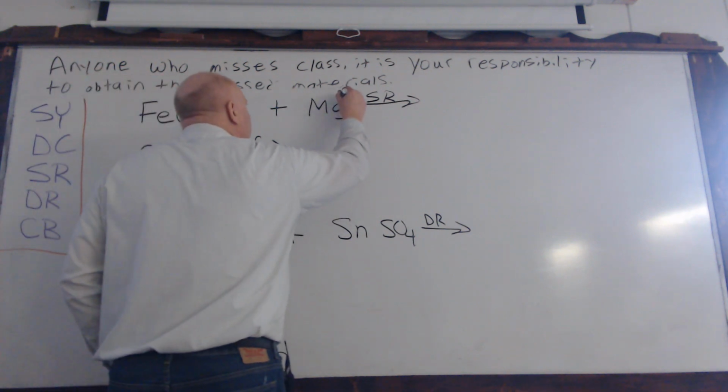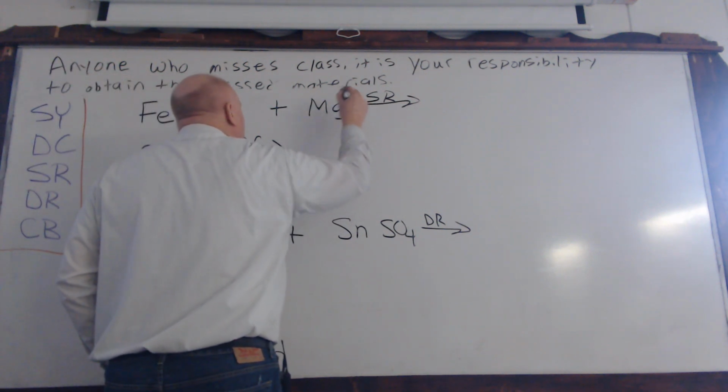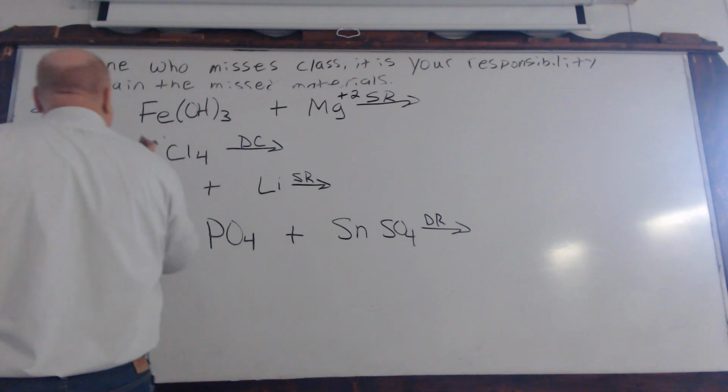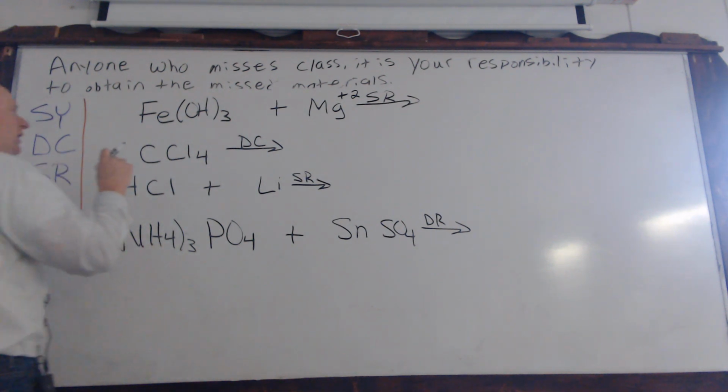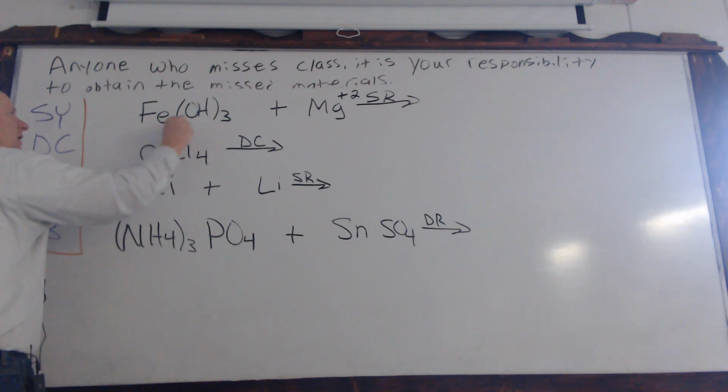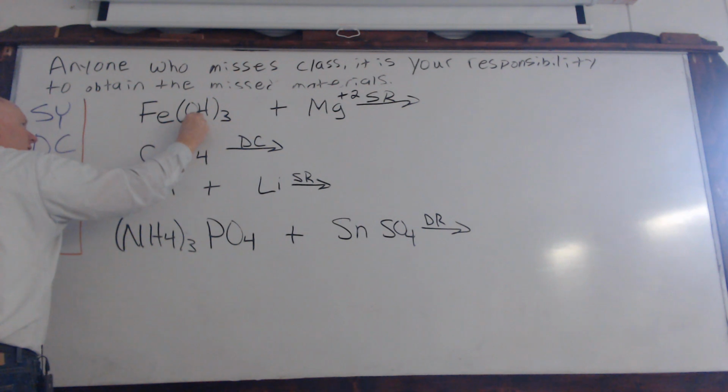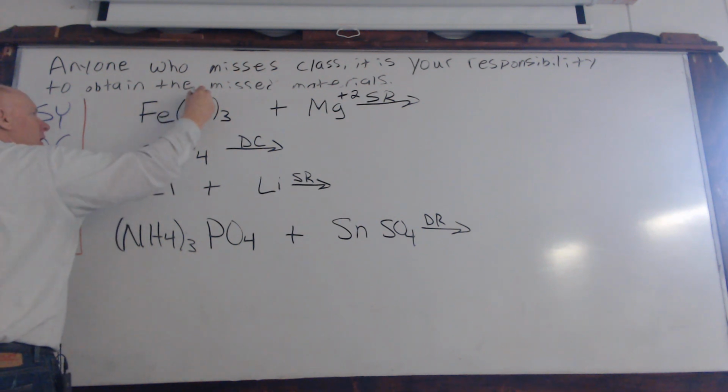Now, I wouldn't expect you to be able to tell me what the charge of iron is right away unless you're told what the charge of the hydroxide ion is. In this case, one hydroxide ion has a charge of negative 1.